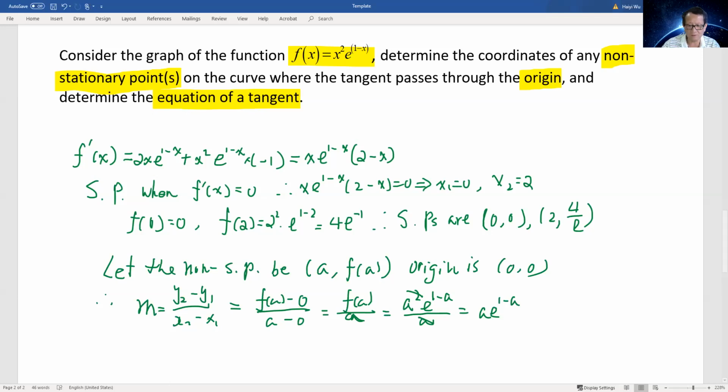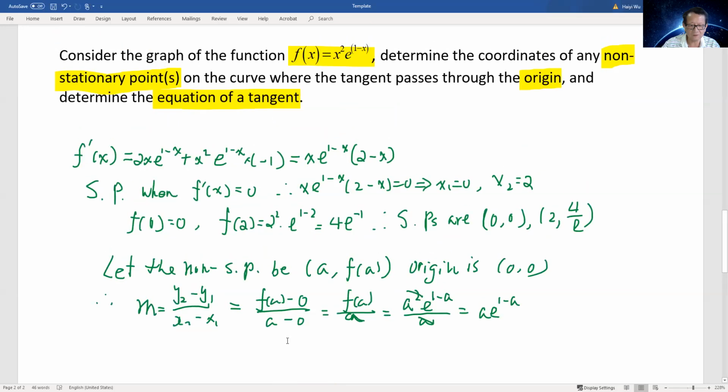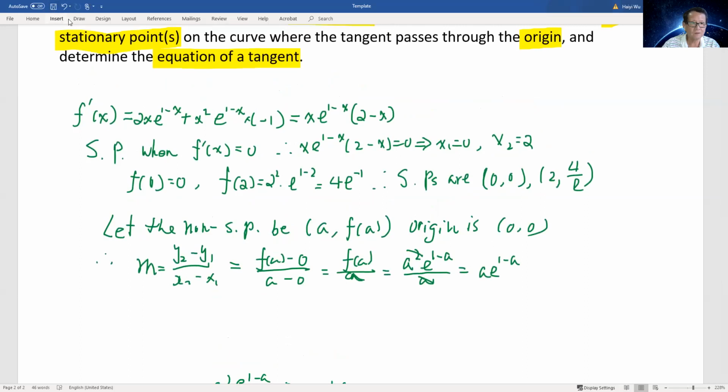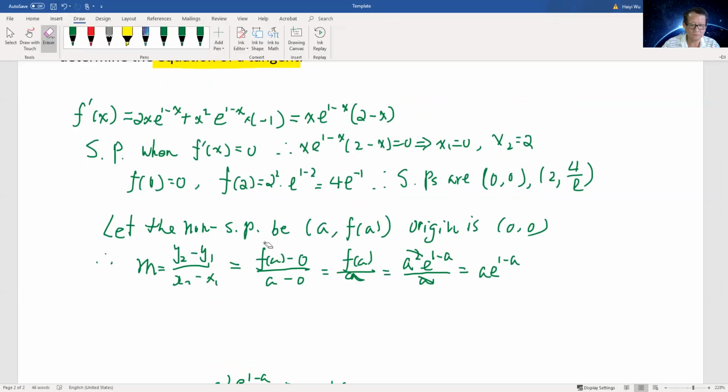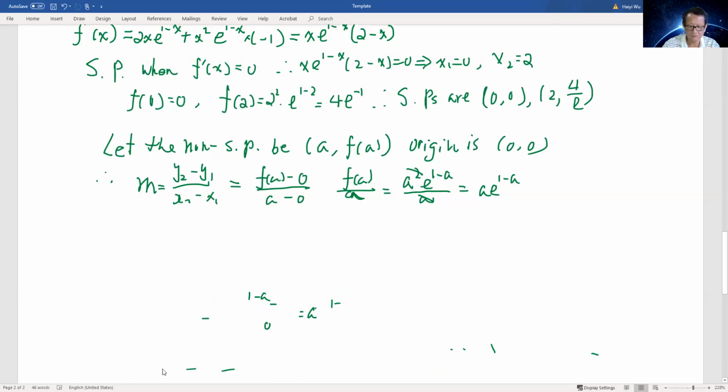So this is the gradient of the tangent passing that point. Let's work out something underneath. All right, so let's continue.